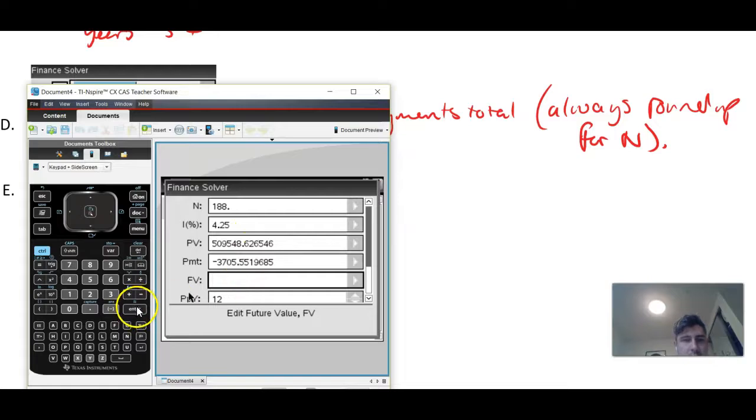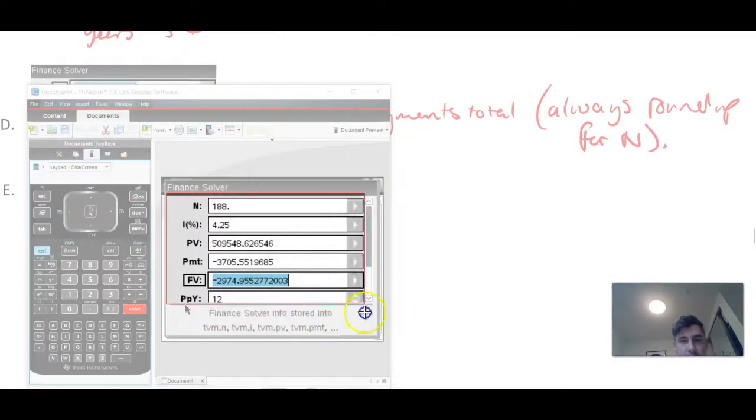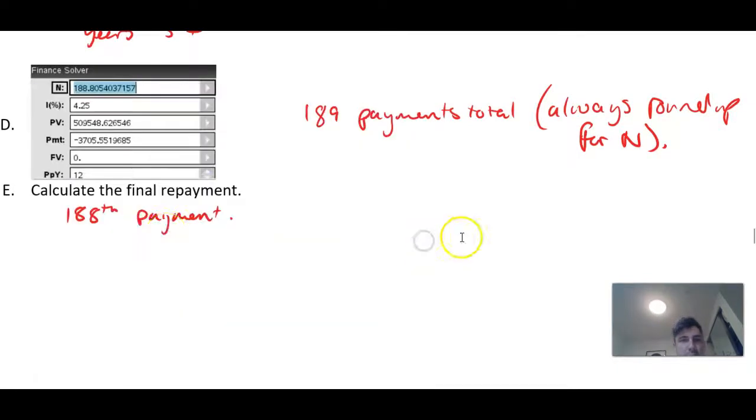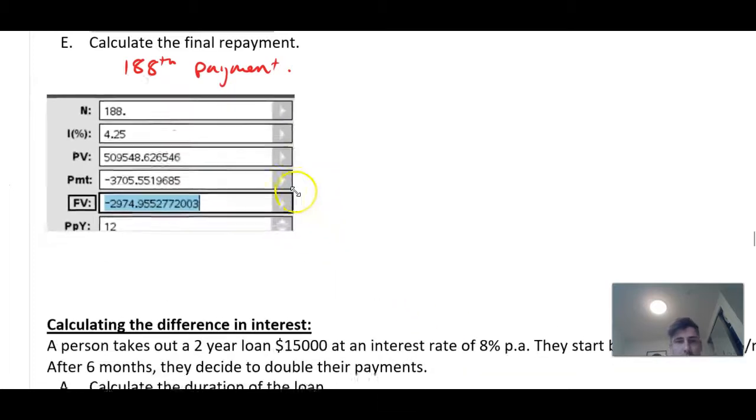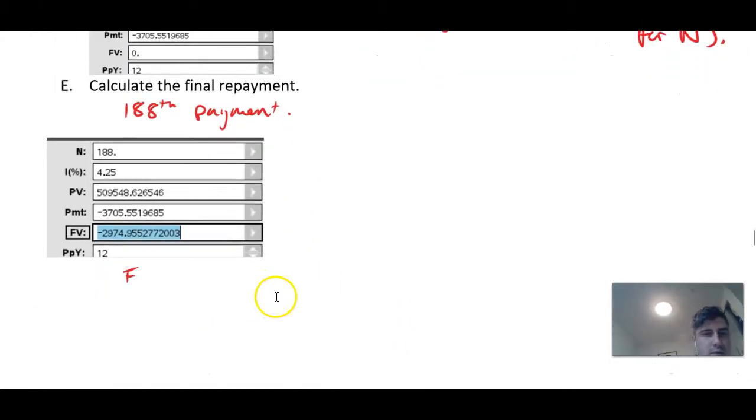That's how much was owing at the end of the second to last payment. So this is key. You have to do the second to last payment. If that much was owing, then we can calculate the final payment, we need to pay off just that amount.